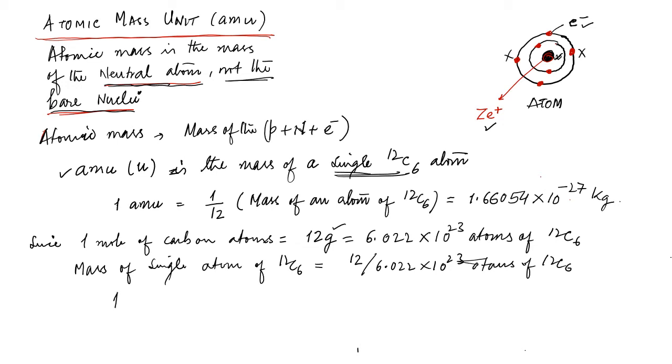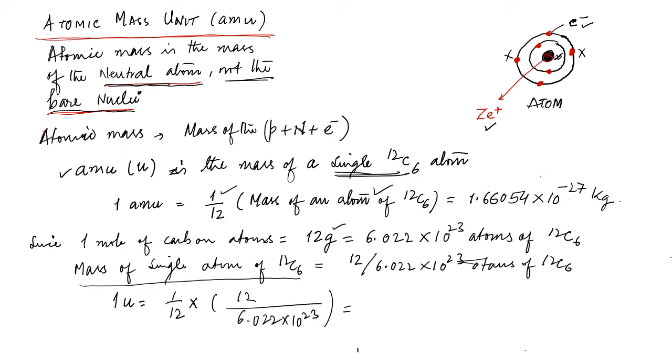So 1 u is 1 by 12 into the mass of the single atom of carbon-12. So this is 1 by 12 into 12 divided by 6.022 into 10 to the power 23, which comes out to be 1.66054 into 10 to the power minus 27 kilogram.